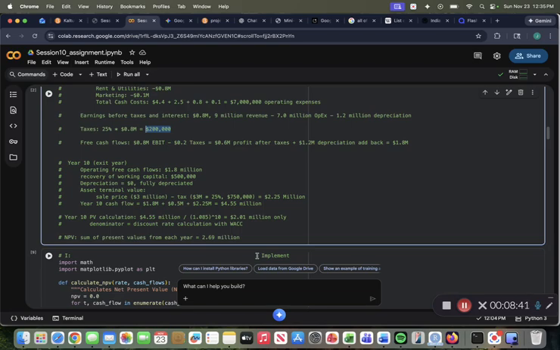And then looking at the terminal value here, it's a sale price of $3 million, which we sold it for, minus the tax, which would be 25% of that $3 million, which is $750,000, gives us $2.25 million for the terminal value. So our cash flow is the operating free cash flow of 1.8 million plus the recovery of the working capital, which is 500,000, plus our terminal value, which is 4.55 million. So that's where the bulk of our cash inflows come from, this last year, our exit year.